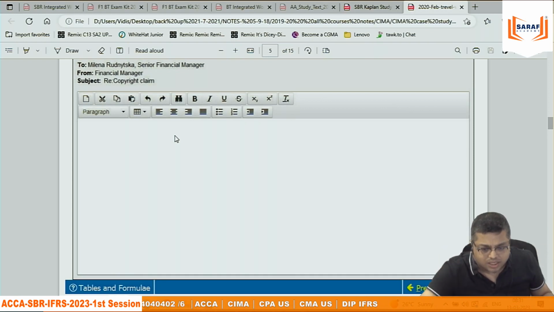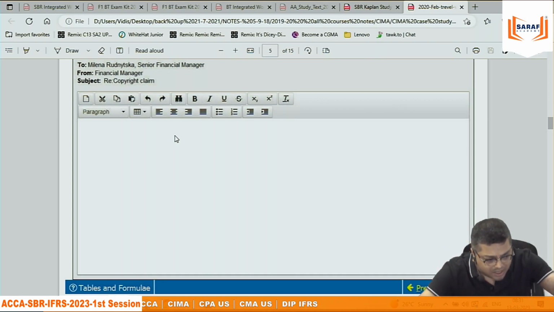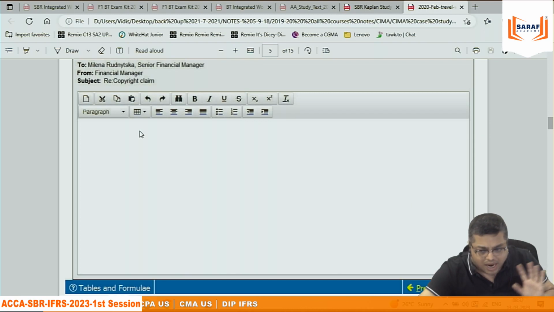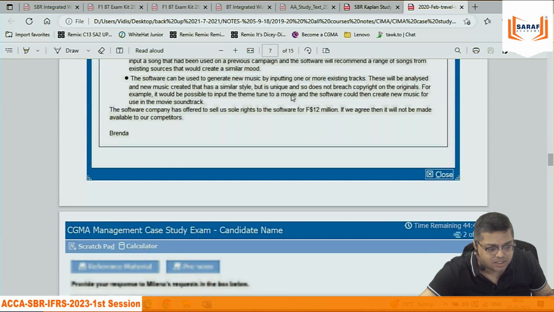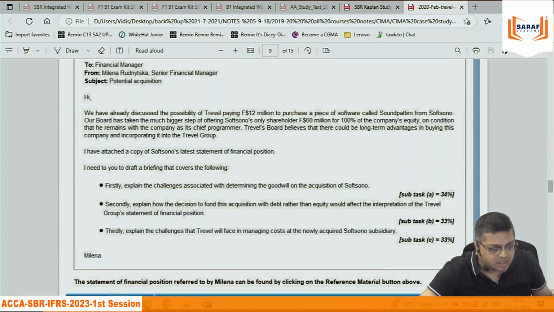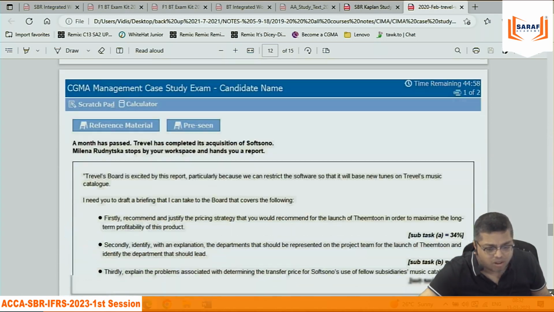There is no calculation involved. You need to write your answer in theoretical terms here, and you can't change your font size. The font size will be fixed, which will be coming here at 12. You can't change this. The second question, the third question, the fourth question are all like that.